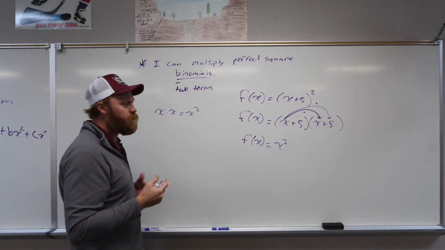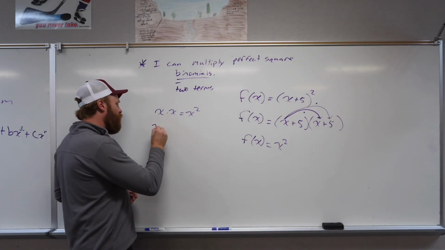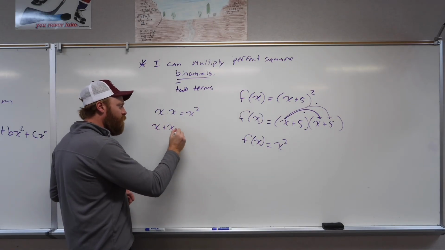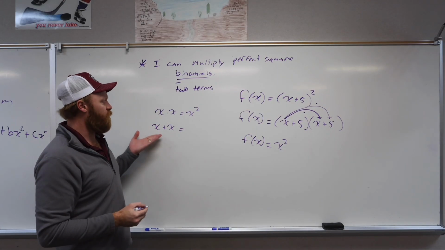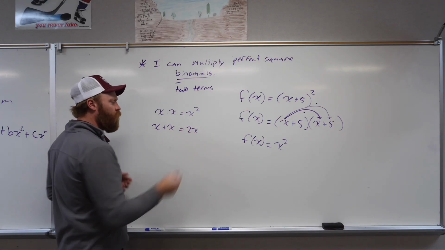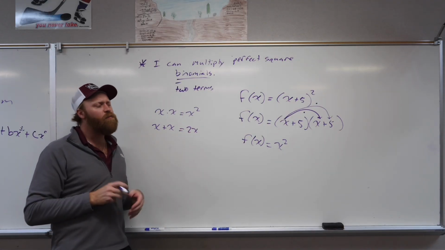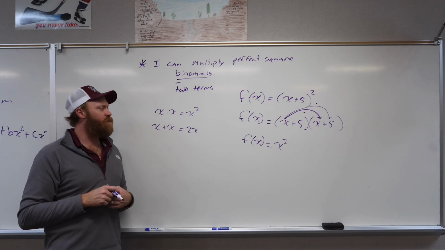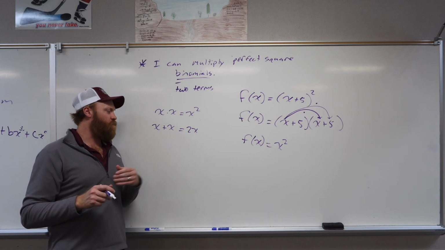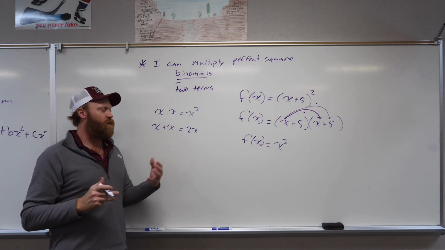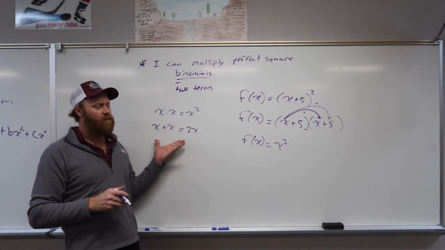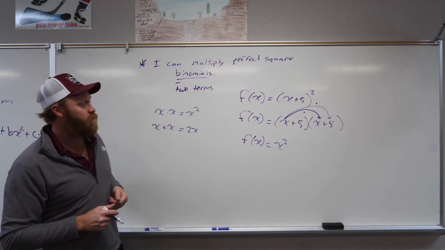A lot of times students will try to say it's 2x, and it's really important for them to see that that is with addition, and that is where we get the 2x. This is a common mistake I see with a lot of high school math students, and I think the best way to break it down is to have those two examples right next to each other.